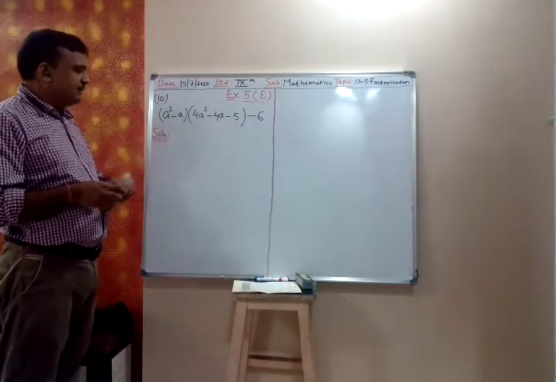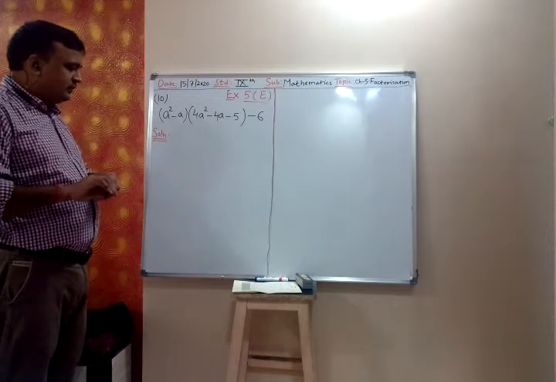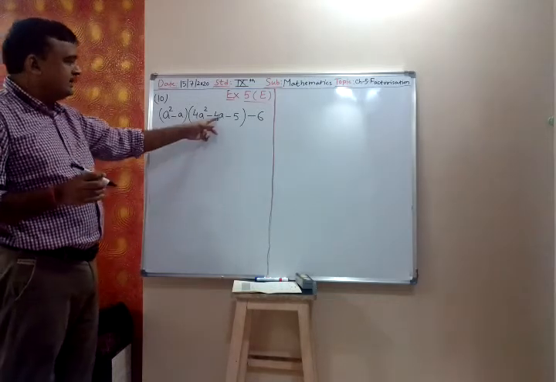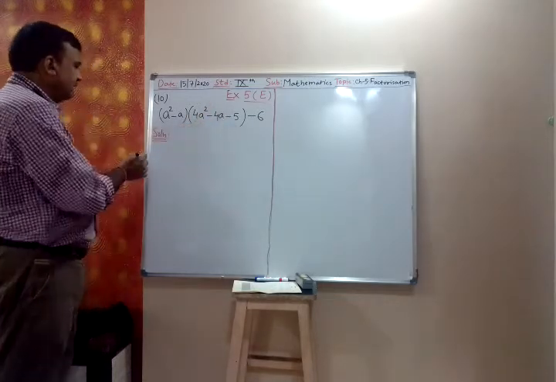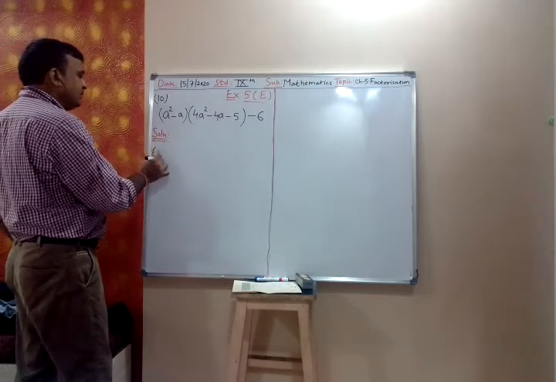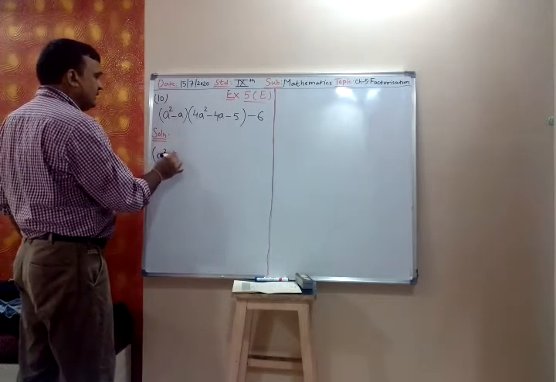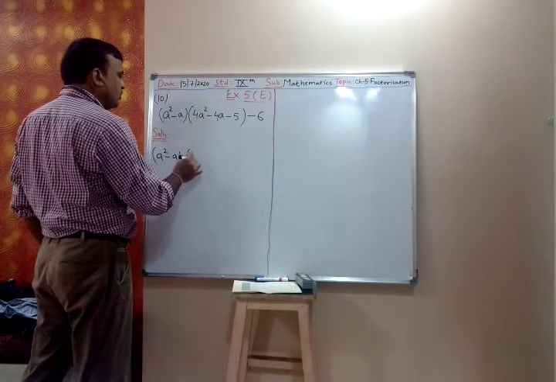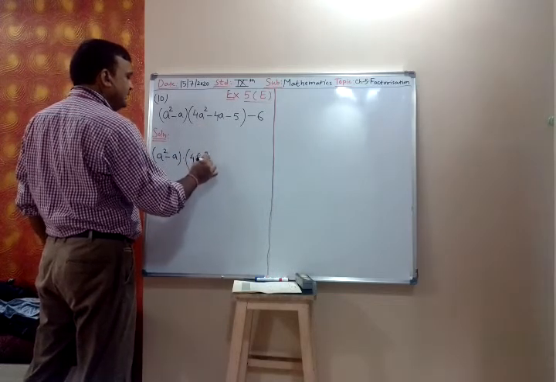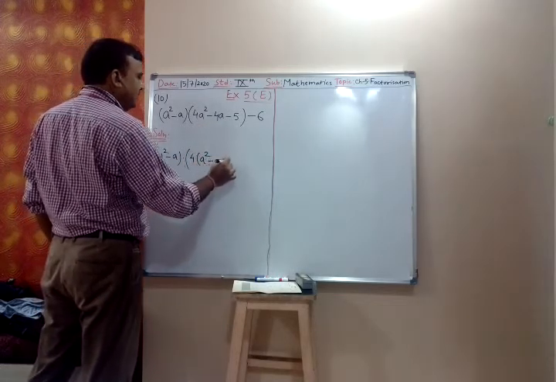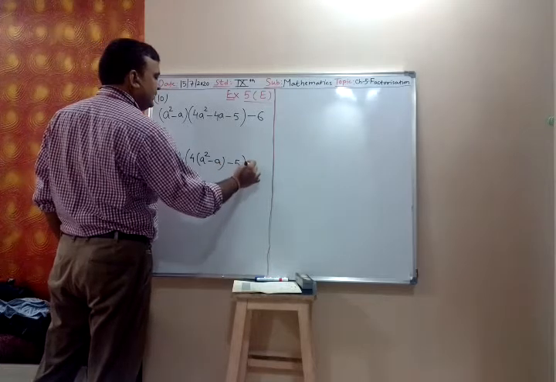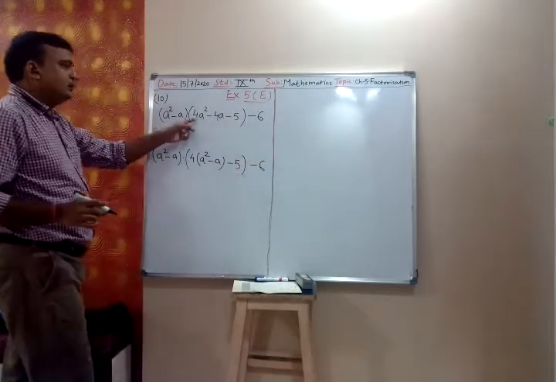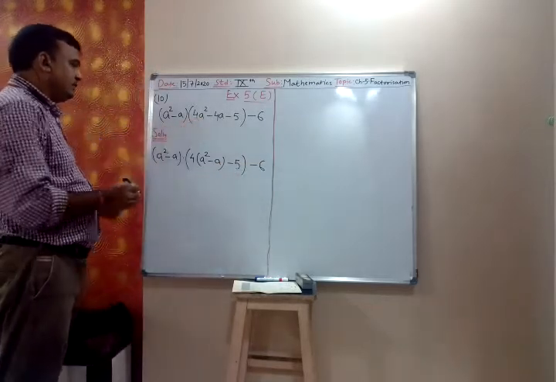(a square minus a) into (4a square minus 4a minus 5) minus 6. So a square minus a into 4a square minus 4a, I can take 4 common, that is a square minus a, minus 5 minus 6. 4a square and 4a, I will take 4 common.